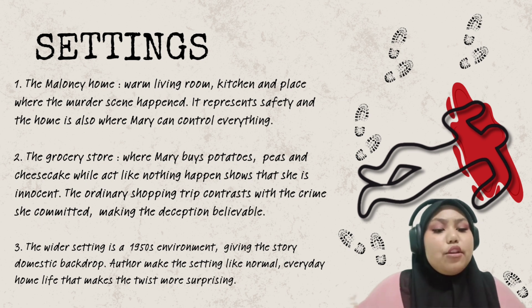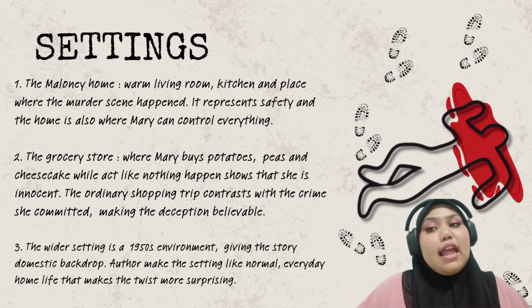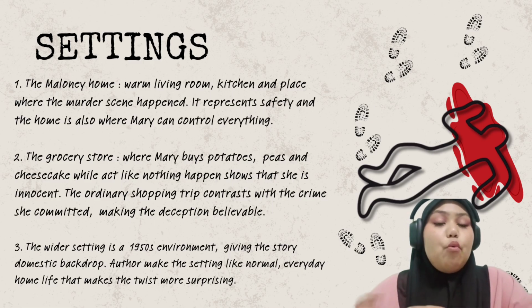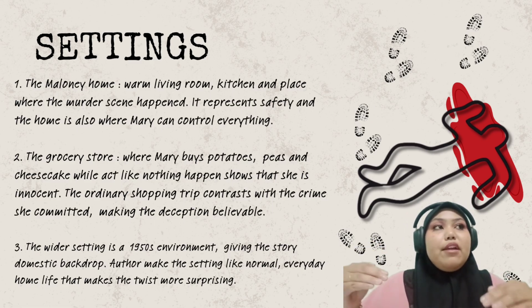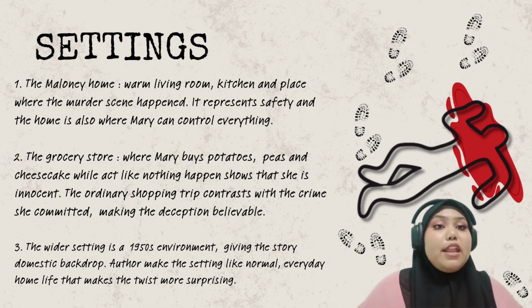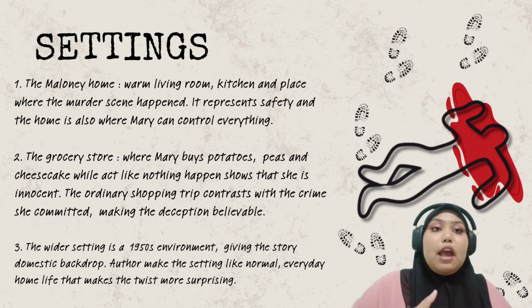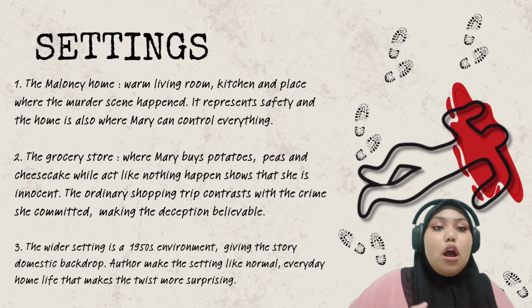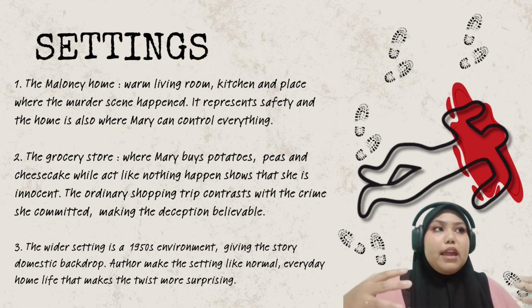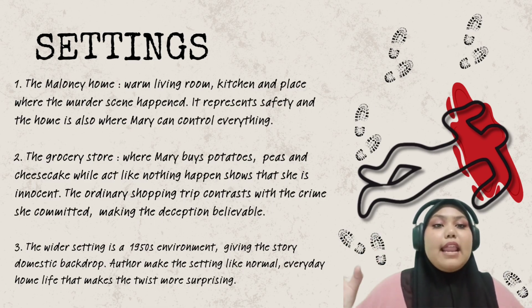As we can understand from reading this story, Mary is good at manipulating people. She literally manipulates the police officers, and she keeps an innocent face to make the story more believable, and she wants the police to believe that she didn't kill her own husband because she loved her husband so much.